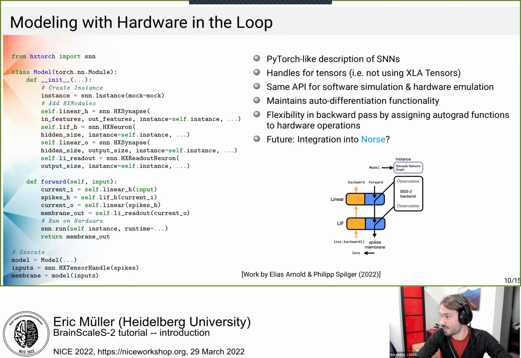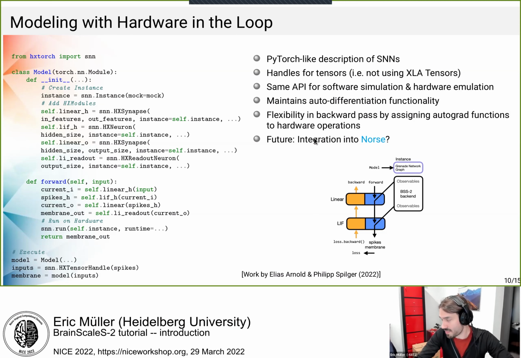We are currently working on this, and in the end, we aim for something that is composable. So this means we don't destroy functionality that PyTorch already provides. For example, auto differentiation should still be available, and we want flexibility to be able to inject these autograd-capable functions for the backward pass.